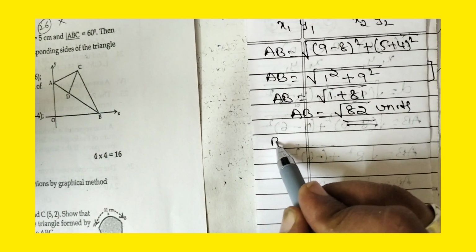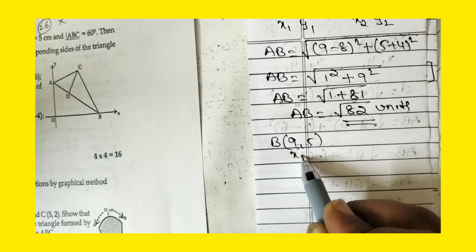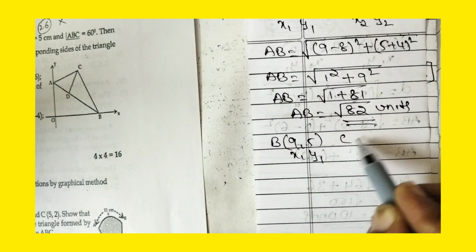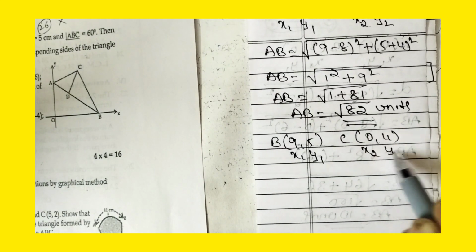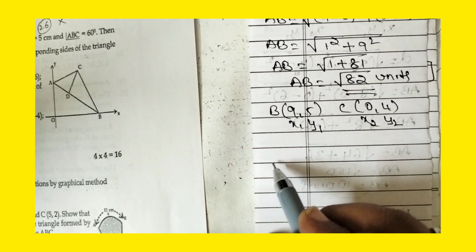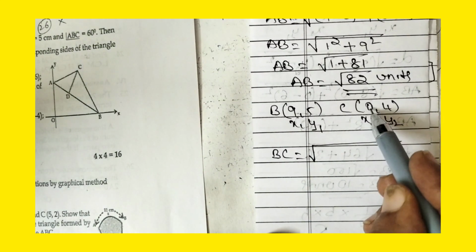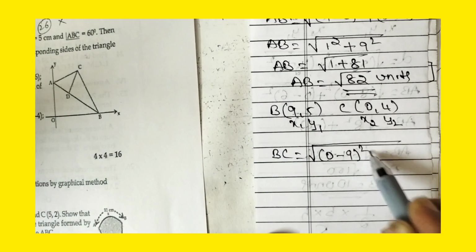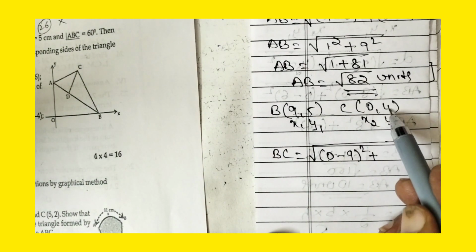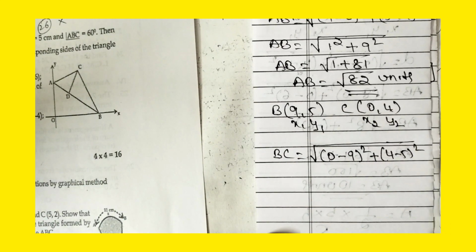Now let us find out the distance between B and C. B is 9, 5 which is x1 y1 and C is 0, 4 which is x2 y2. So distance between BC is equal to square root of x2 minus x1 whole square, 0 minus 9 whole square, plus y2 minus y1 whole square, 4 minus 5 whole square.